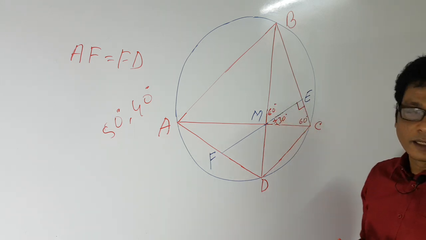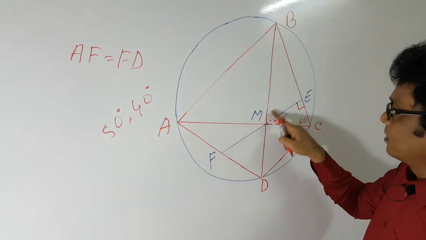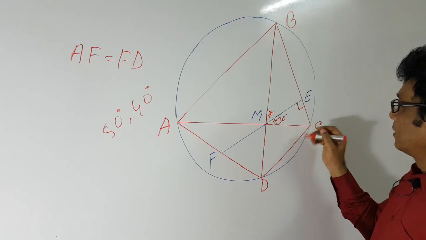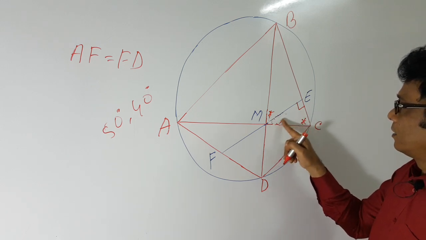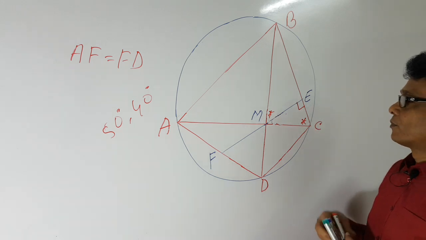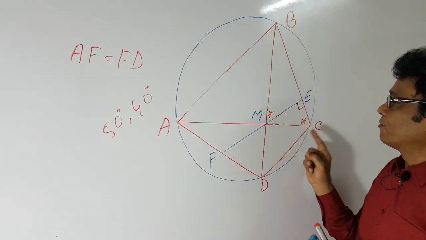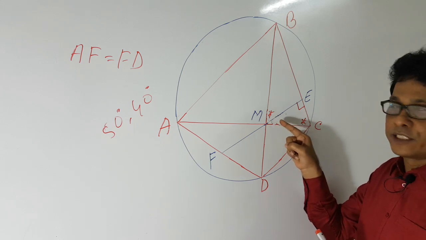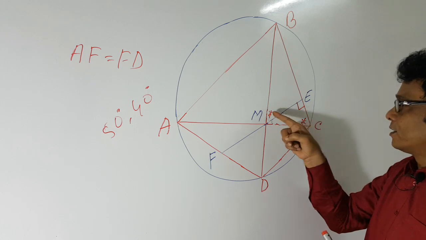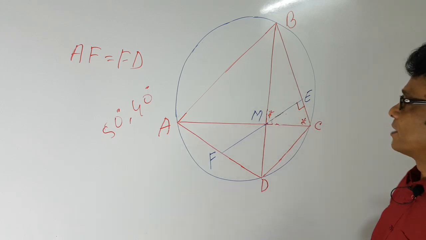So they are equal. At this stage we find this angle and this angle are equal because each of them is complementary to this angle.